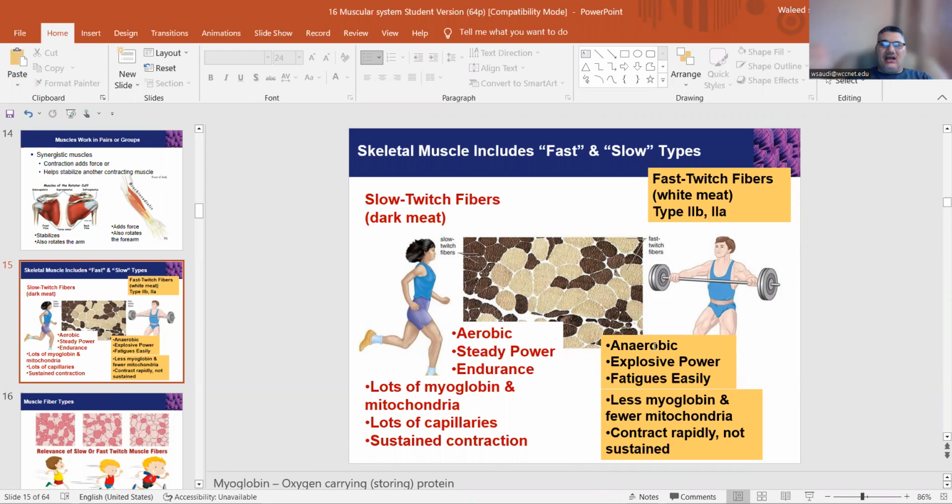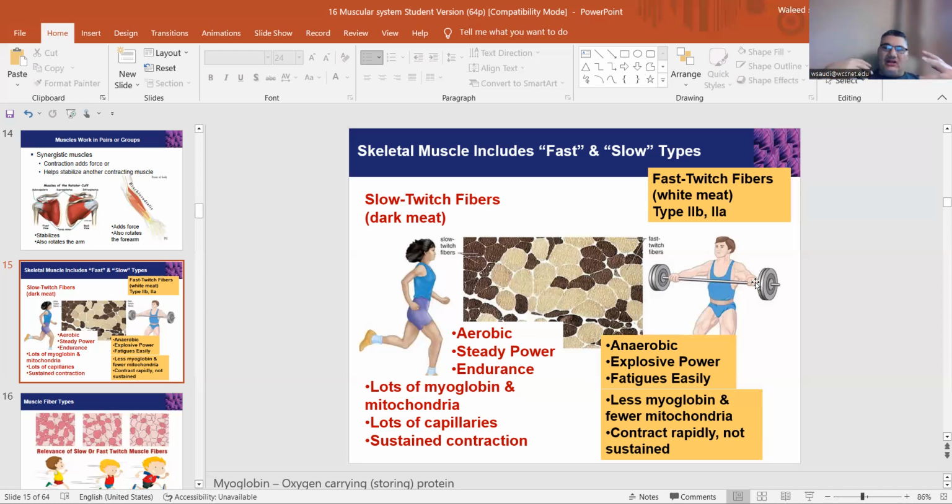It means less oxygen. Like if you're doing this movement right here, or you're working on a treadmill and you're going fast. Remember, fast fibers. Now you don't have enough time to get enough oxygen. So we call it anaerobic.